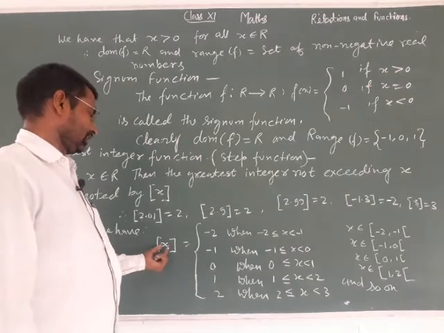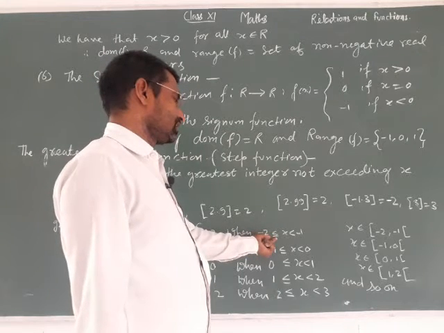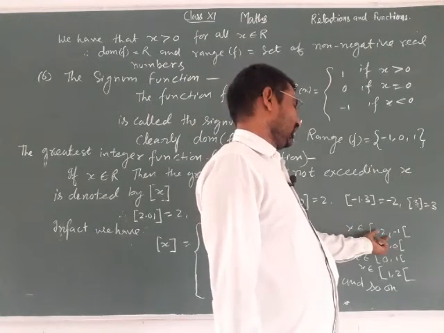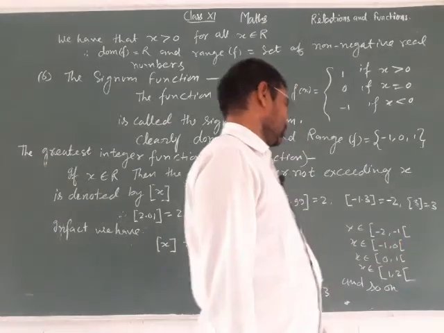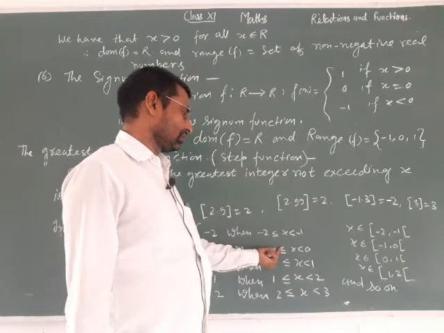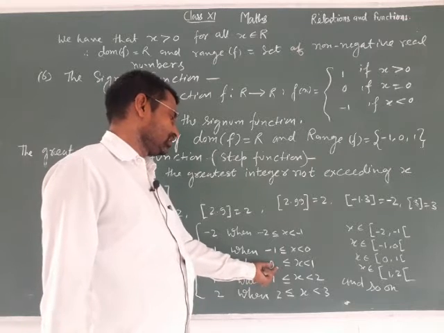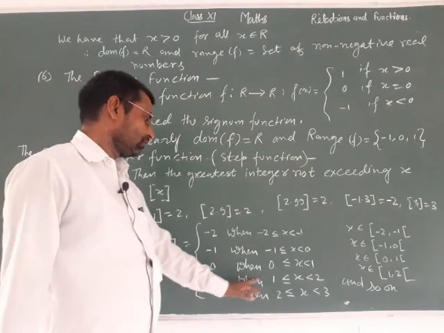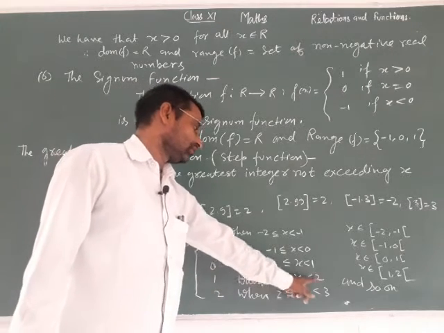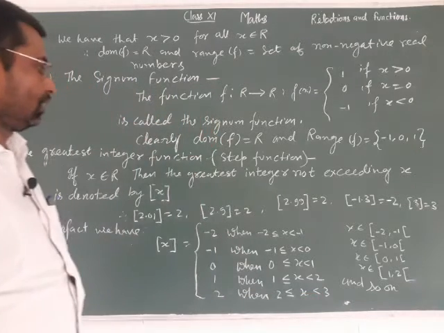So in fact we have the greatest integer function [x] = -2 when -2 is less than or equal to x less than -1, closed at the left and open at the right. And [x] = -1 when -1 is less than or equal to x less than 0, and 0 when 0 is less than or equal to x less than 1, and 1 when 1 is less than or equal to x less than 2, and 2 when 2 is less than or equal to x less than 3, and so on.